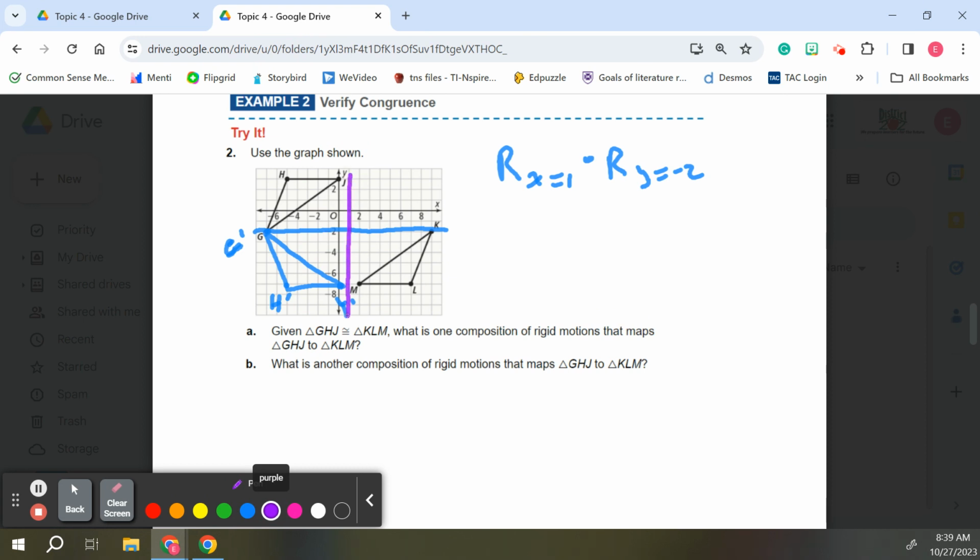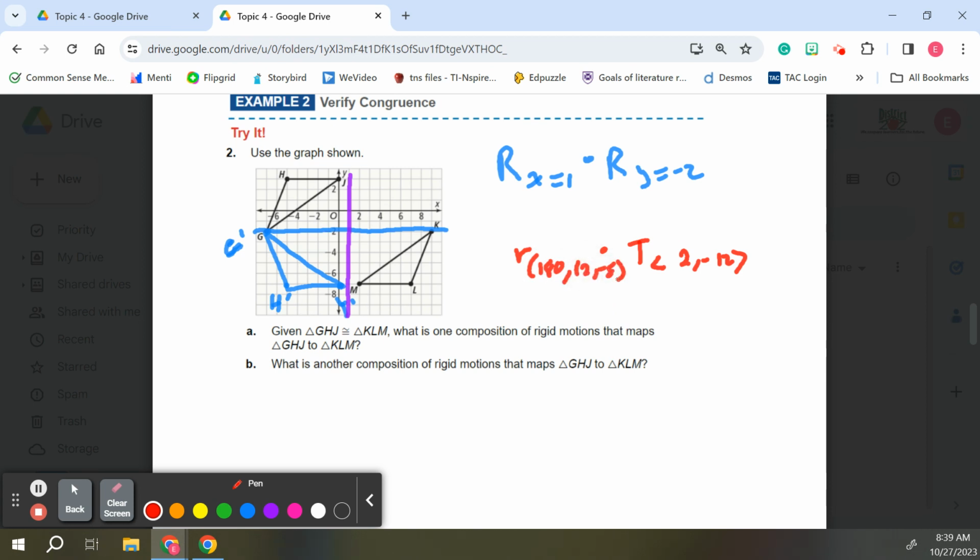No, there's a ton of ways. I'm just giving you what I saw. If I reflected this again, it lands on here. Now, another way, if you wanted to get fancy, you could have done a translation to -12 and then rotated it 180 degrees about the point 2, -8.